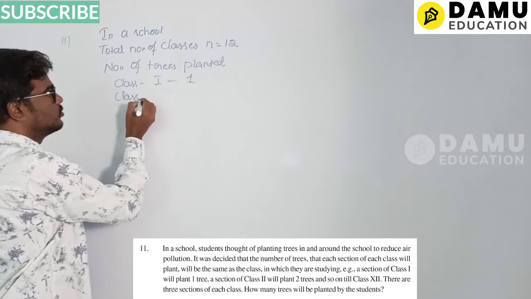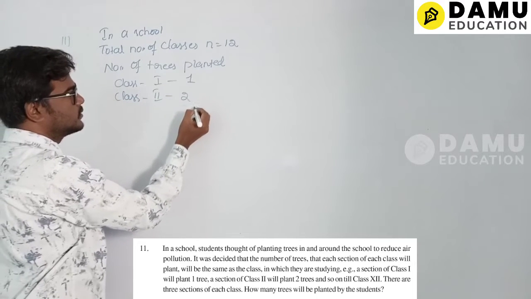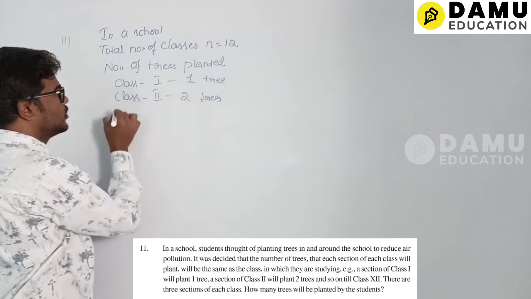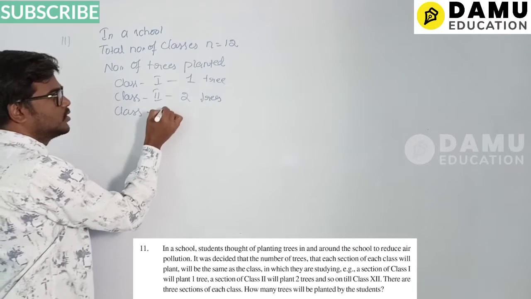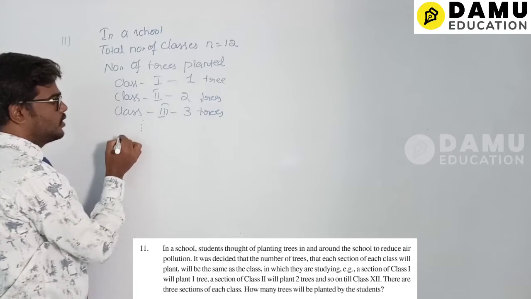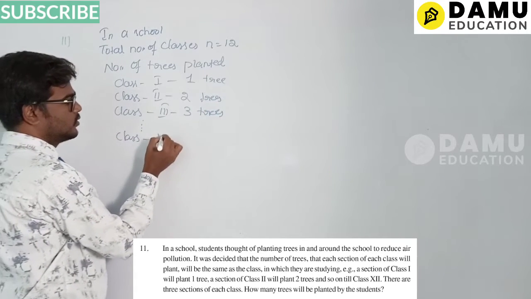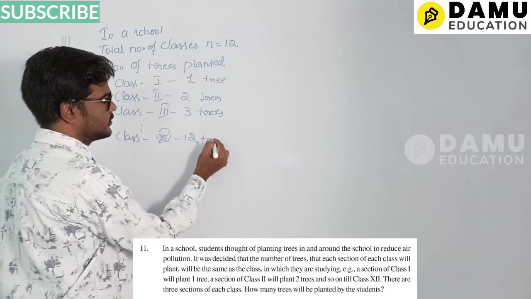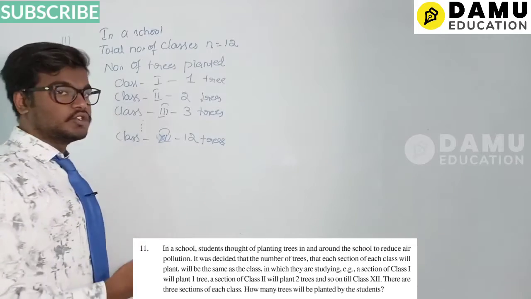Class 2, two plants. Class 3, three trees. So therefore class 12, 12 plants, 12 trees will be planted.